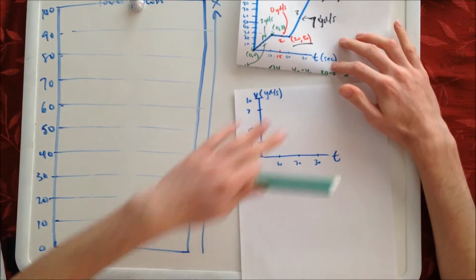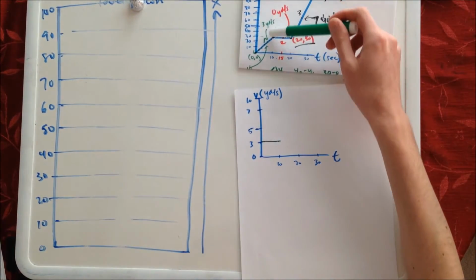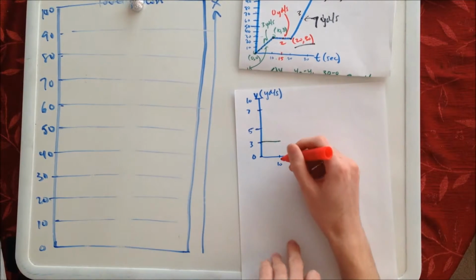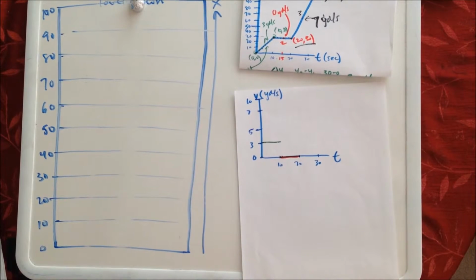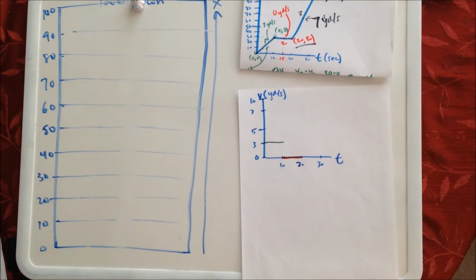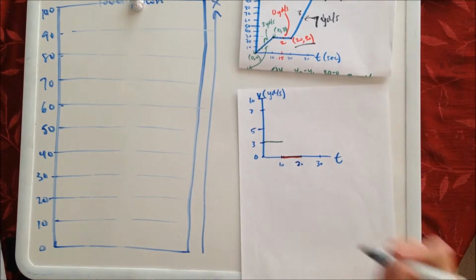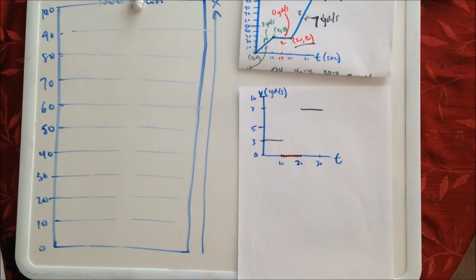And then from 10 to 20 seconds, it's moving at 0 yards per second. It's not moving. The speed is 0. And then from 20 to 30, it's moving at 7 yards per second.